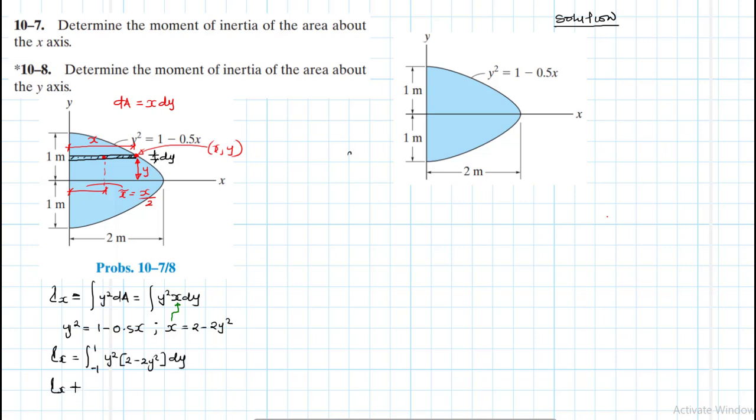Ix is then equal to, when we expand, the integral of 2y squared minus 2y to the power 4 dy. Great.